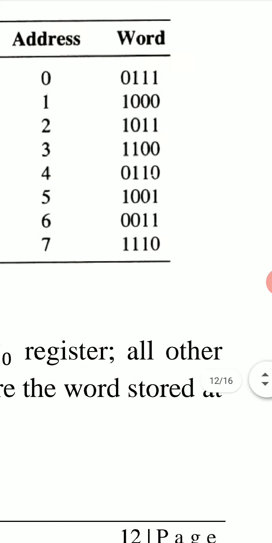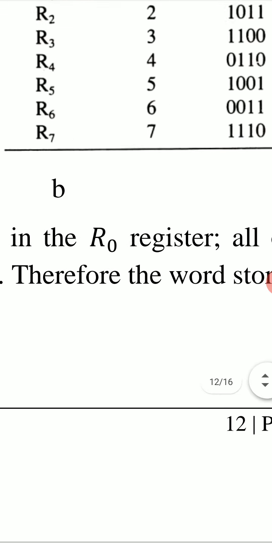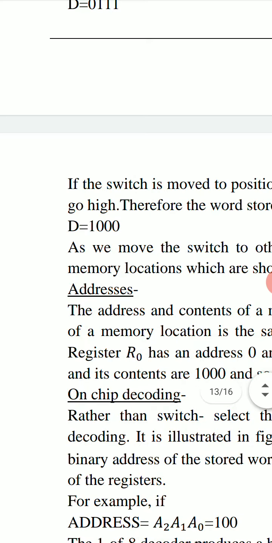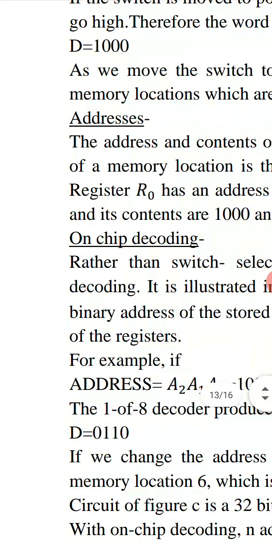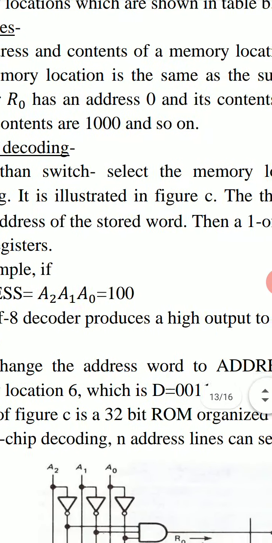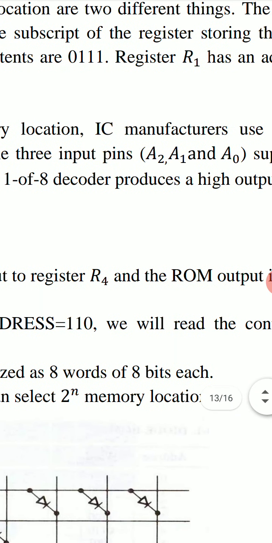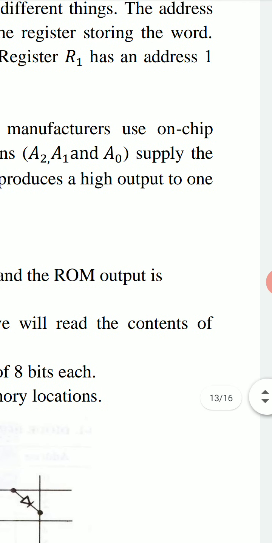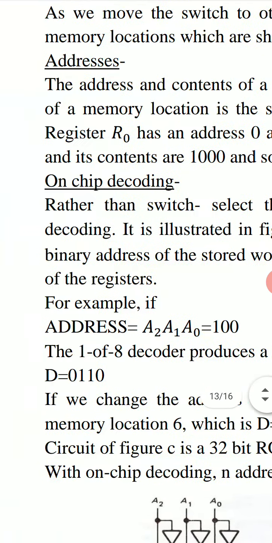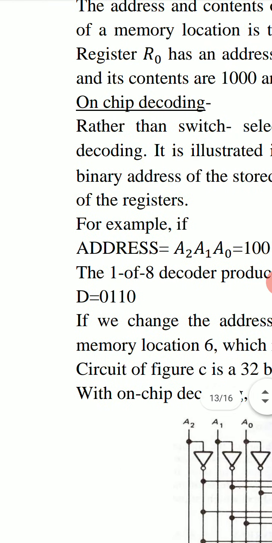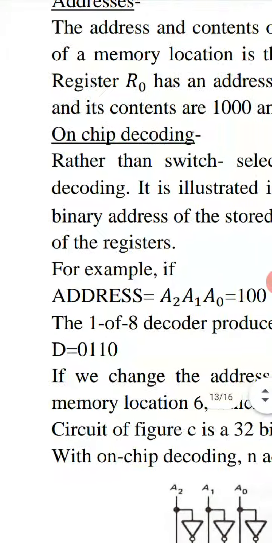And these are the contents. These are different. Register R0 has an address 0 and its contents are 0111. Register R1 has an address 1 and its contents are 1000 and so on.